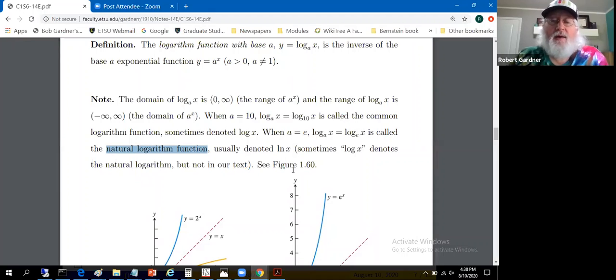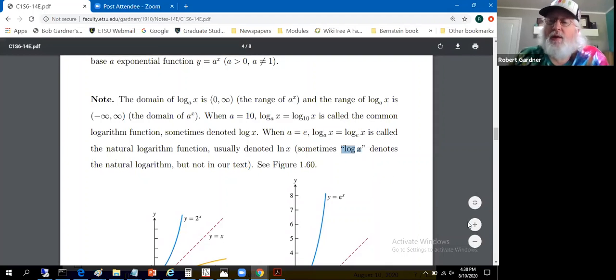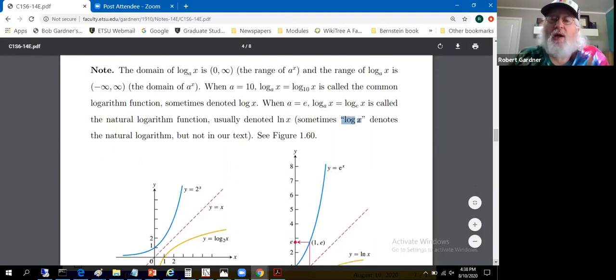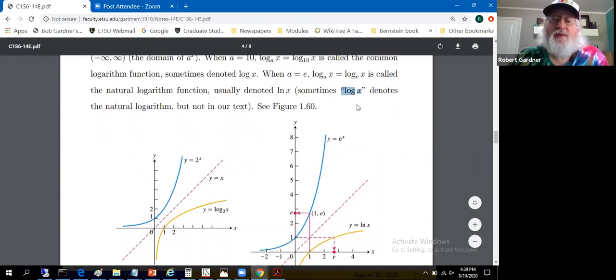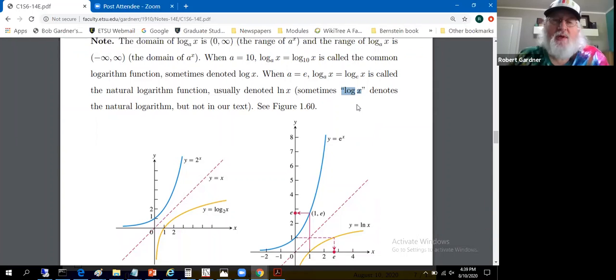In some books, log of x will denote natural log. You talk logarithms in a physics class, it's probably natural logarithms. You talk logarithms in a future math class, it's probably natural logarithms.